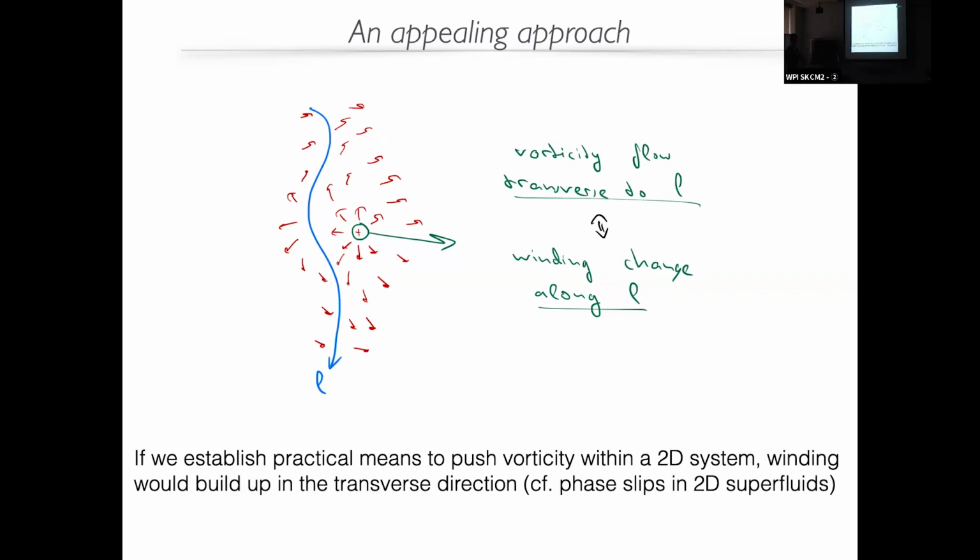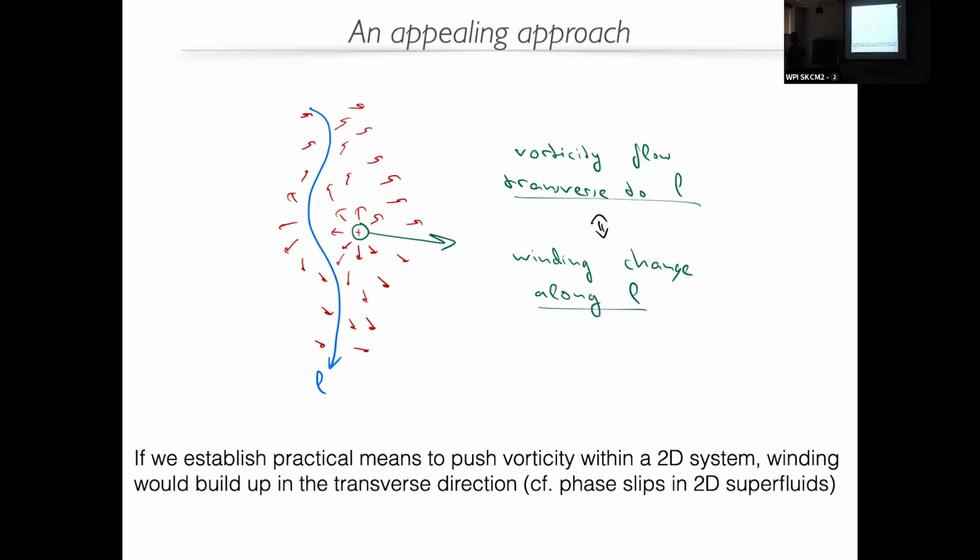Once you go to 2D, it's not only the geometry of a one-dimensional system like a loop or some kind of curve, but now it's the geometry and curvature of a two-dimensional membrane within which everything is living. That may provide some additional knobs for controlling this physics.